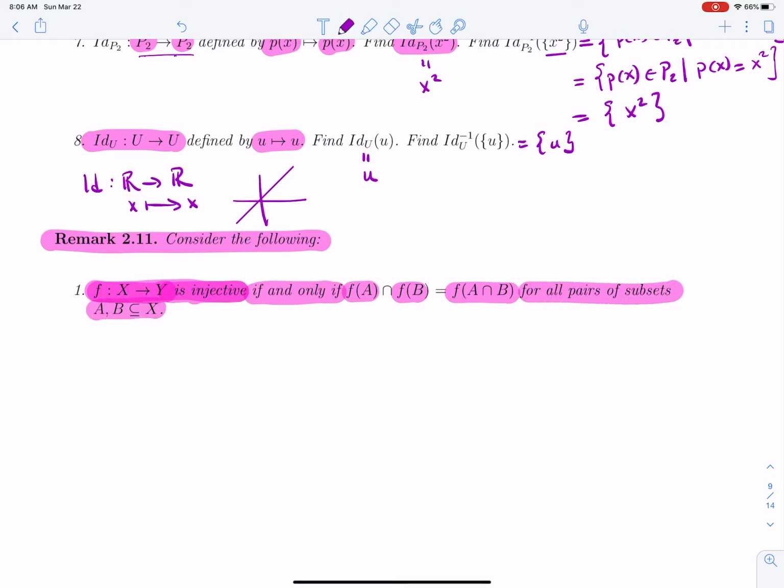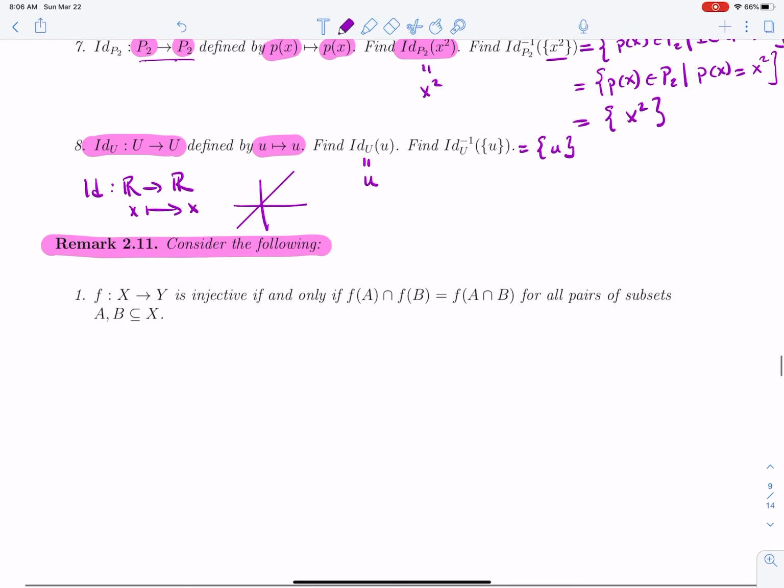So let's take a second. First, let's clean up all of that highlighting. Let's take a second to remember what f(A) is. Recall that if I've got A a subset of X, then what does f(A) mean?